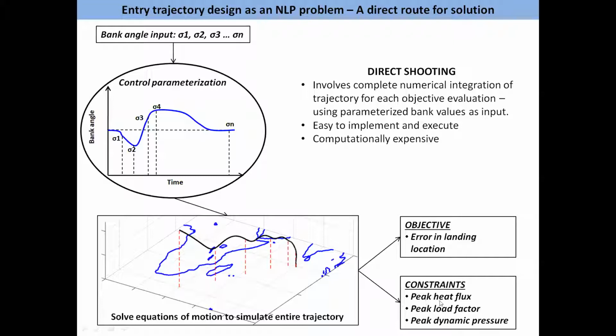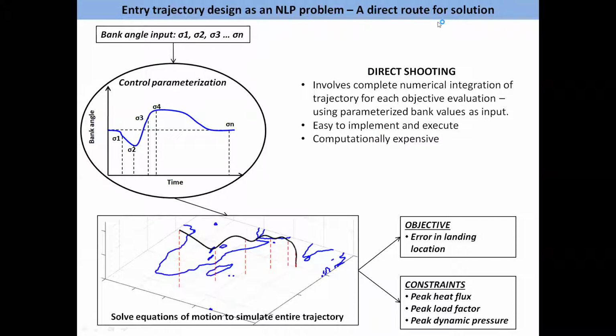And you can also get the peak heat flux, load factor, dynamic pressure values that are coming out of that trajectory, which are the constraints. So now what we have done is that we have transcribed the entry trajectory problem into a nonlinear programming problem. That is, you have a certain number of variables which go as input into a computation. Here that computation is basically a trajectory simulation, and which returns your objective function and your constraint values.